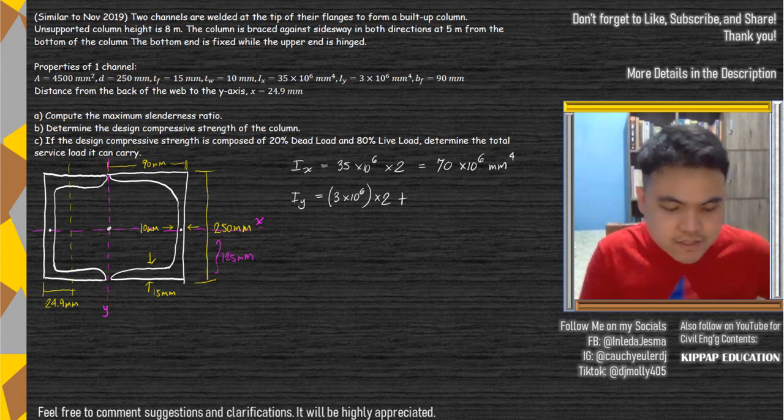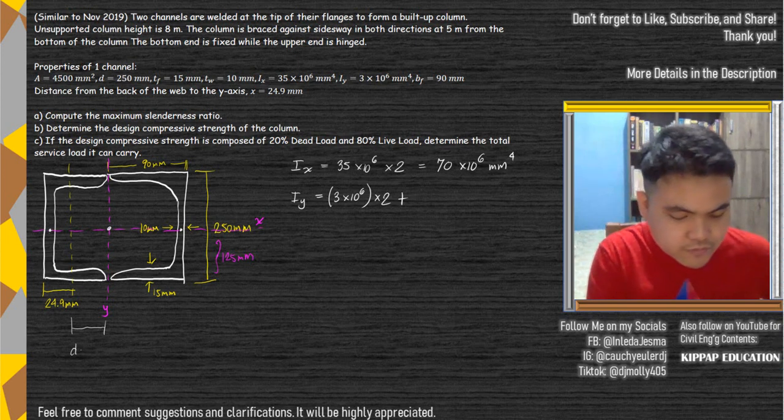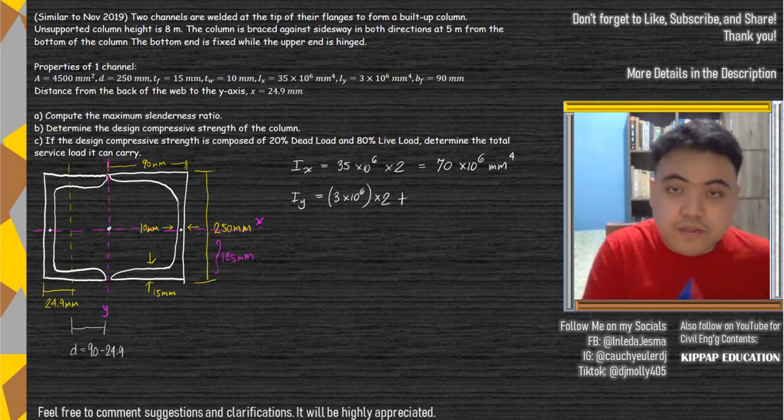Plus, AD squared. Kasi, yung centroid na ngayon, malayo mula sa y-axis, andito. May distance na yan. Eh, diba? 90 millimeters itong from back ng web hanggang sa tip ng flange. So, para makuha natin yung distance na D na to, we have 90 minus 24.9 millimeters.